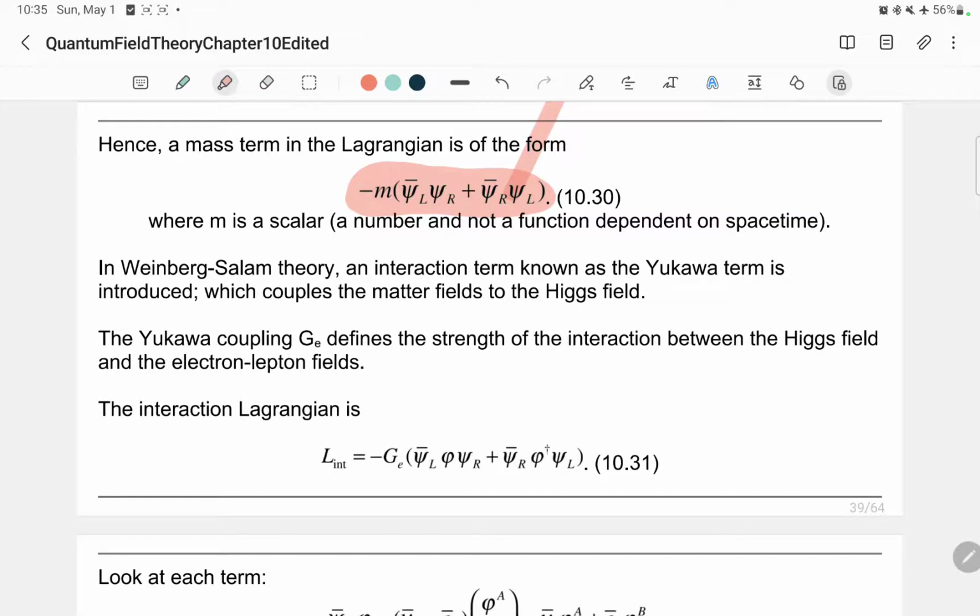In the Weinberg-Salam theory, an interaction term known as the Yukawa term is introduced. And this interaction term is of the form this one here.